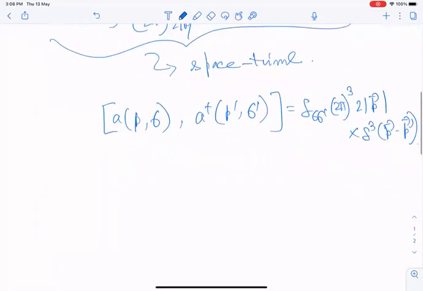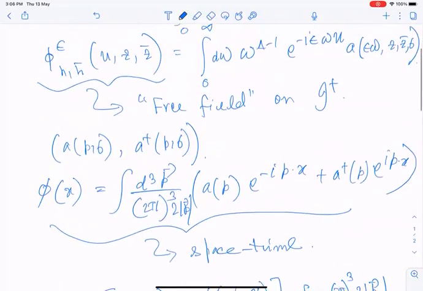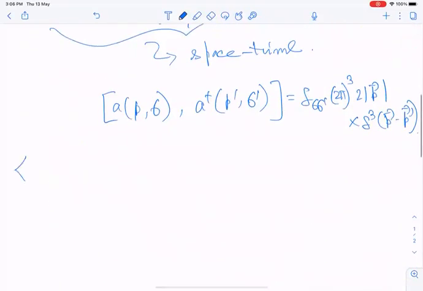Okay. So now using this, one can compute the 2-point function. That 2-point function is on Scri plus. Suppose this is an outgoing field.